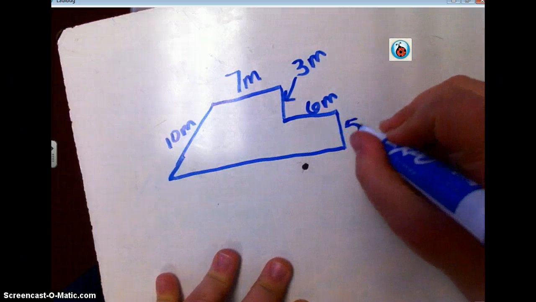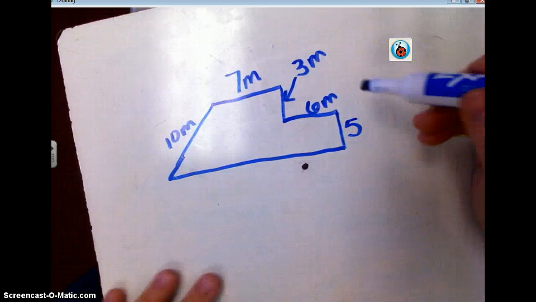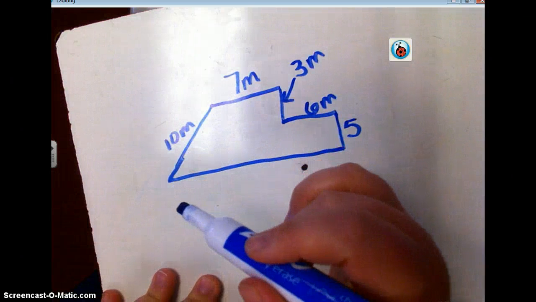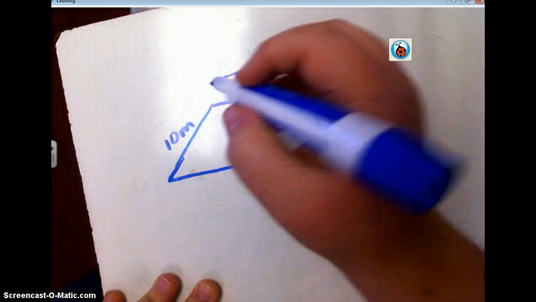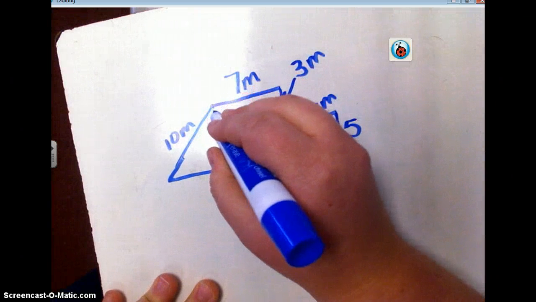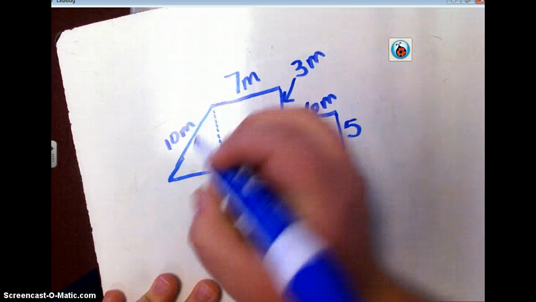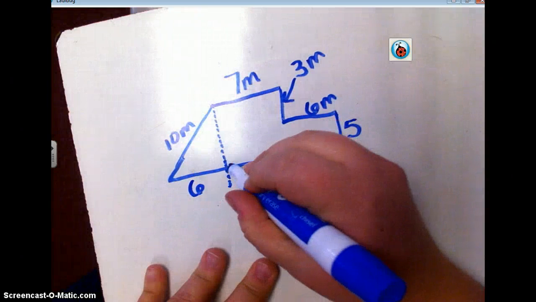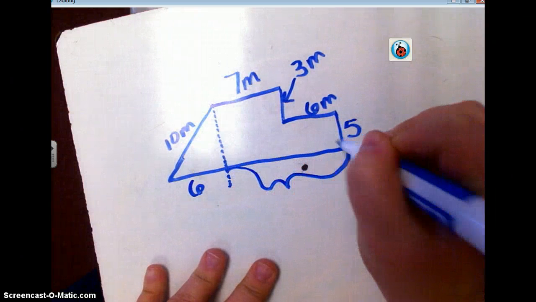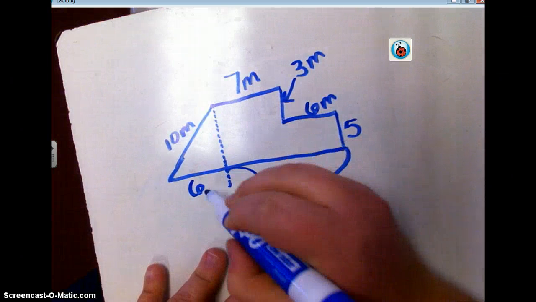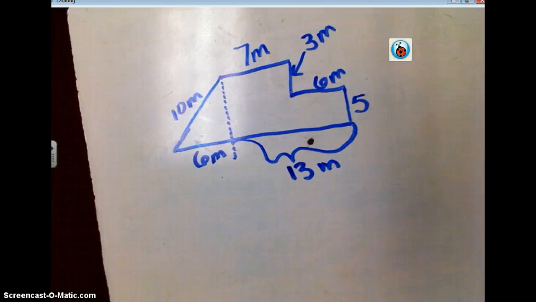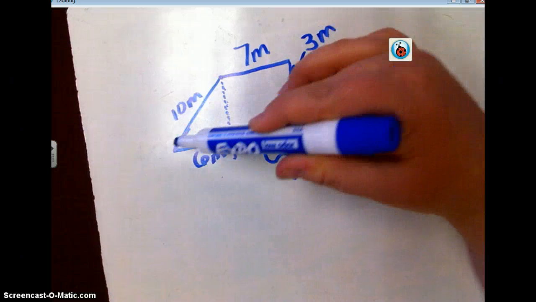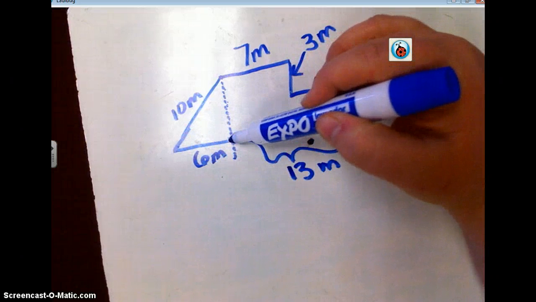This side is 5. This part is 6. And this from here to here is 13. Okay, that's just showing you that if I drew a line straight down there, that from here to here would be 6 meters.